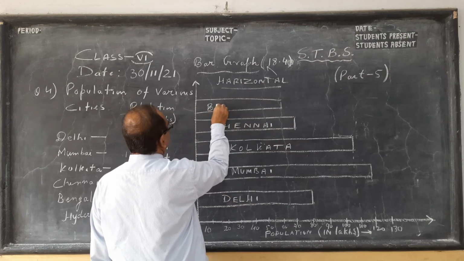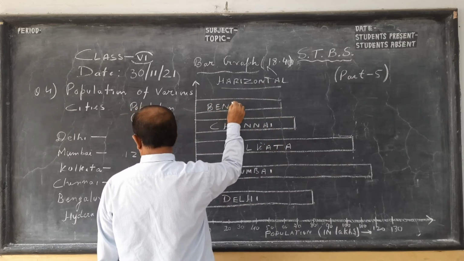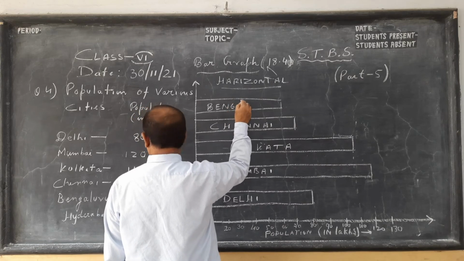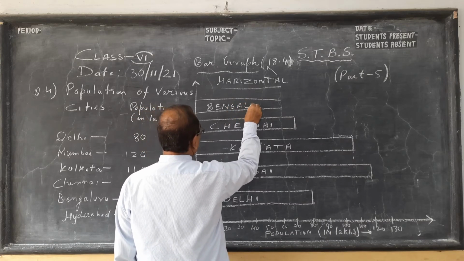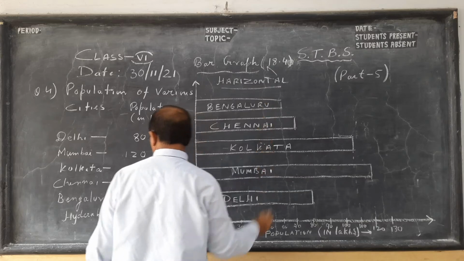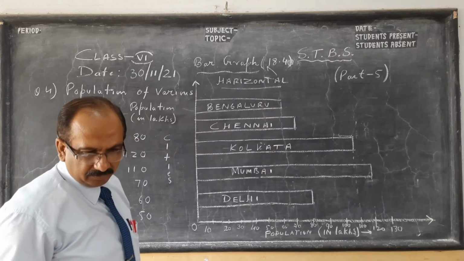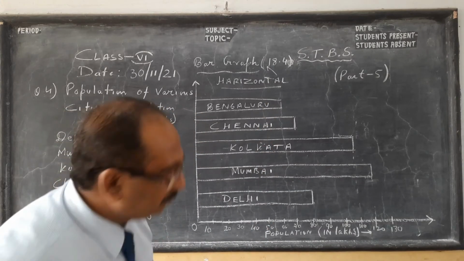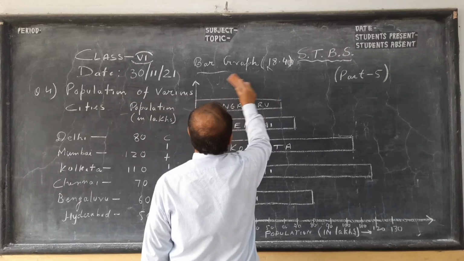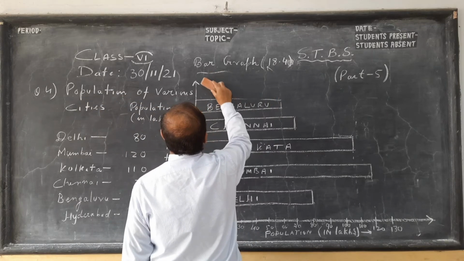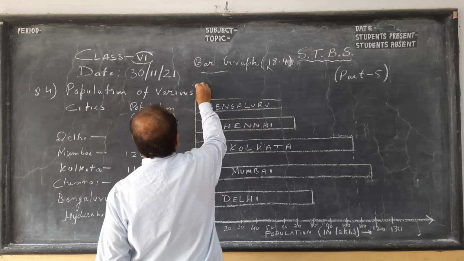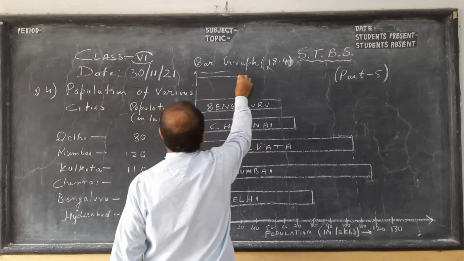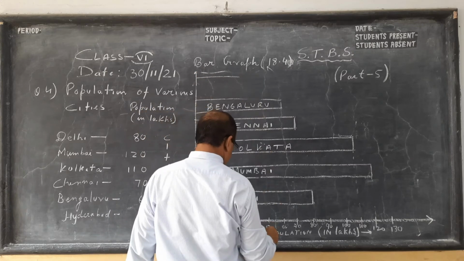So this is Bengaluru. The old name was Bangalore. And the last one is Hyderabad, children. Hyderabad is 50, the least.